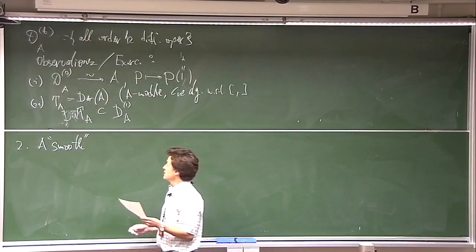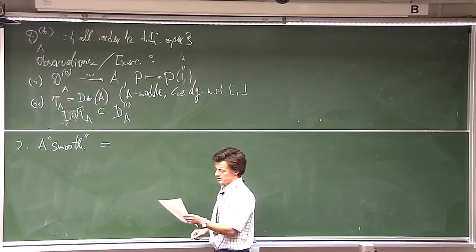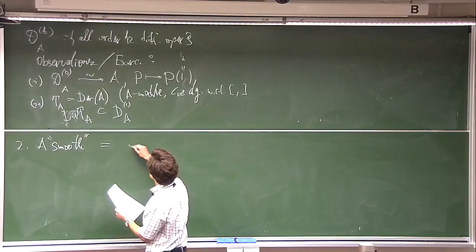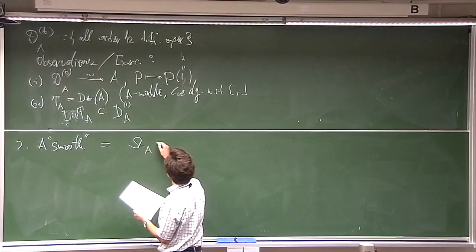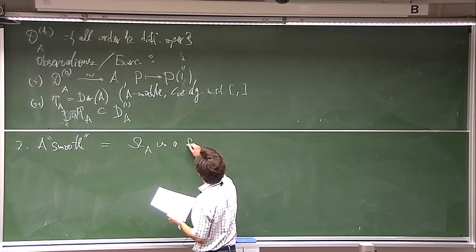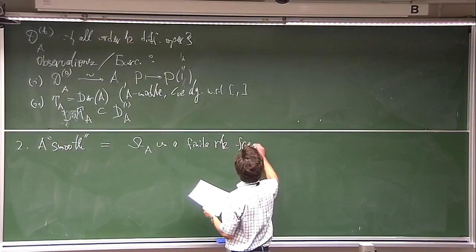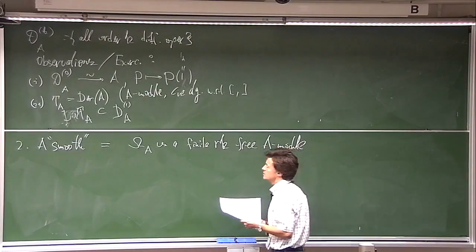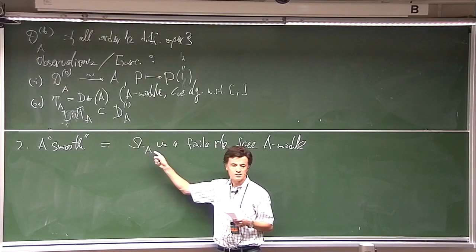So when I say smooth, that's the definition for the purposes of these lectures, the corresponding module of scalar differentials is a finite rank free A module. Do you want me to remind you what omega sub A is?